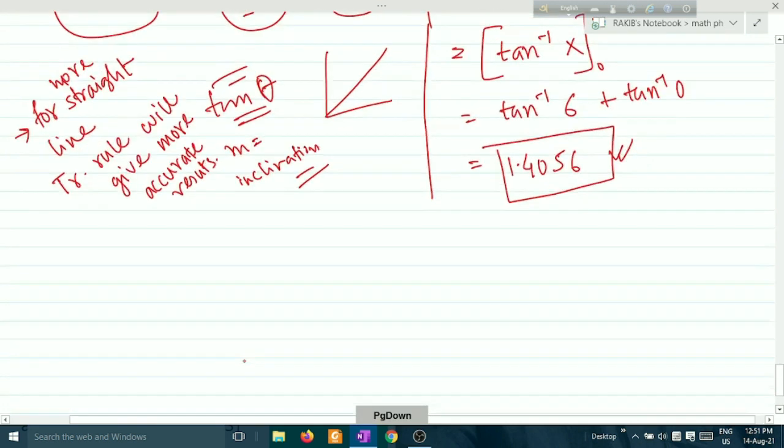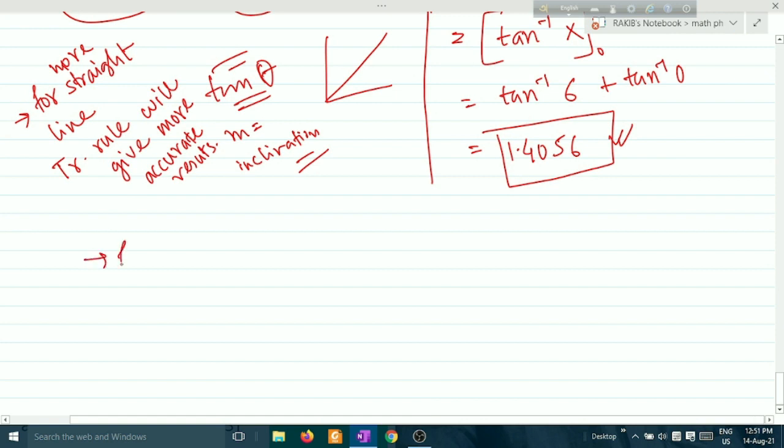And for curved lines, Simpson's 3/8 rule gives the more accurate result.